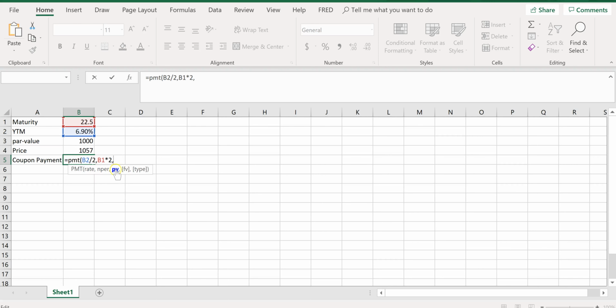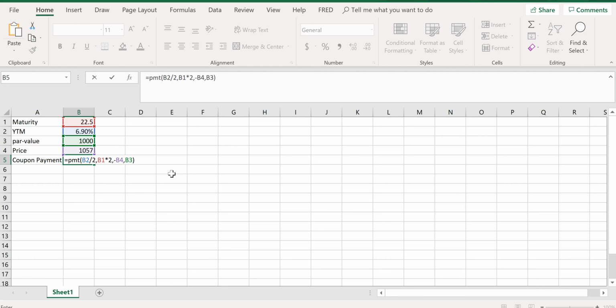I choose to make present value negative, so negative price. Here we don't have to convert that into semi-annual because price is only one single cash flow. And then the fourth argument, future value, that's the par value.